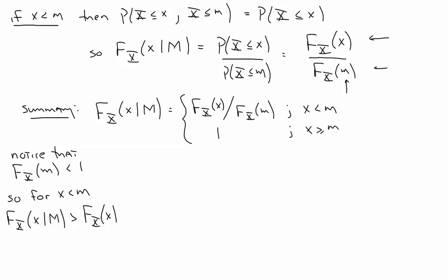So notice that remember, cumulative distribution functions are always between 0 and 1. Unless m equals plus infinity, the cumulative distribution function evaluated at little m is something less than 1. Divide by something less than 1, I get a number bigger than 1. So my conditional cumulative distribution function in the range x less than m is greater than the non-conditional CDF.